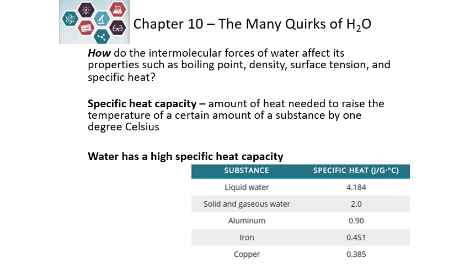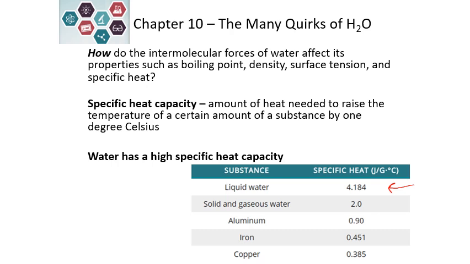Water is also unique in the fact that it has a very high specific heat. Specific heat is the amount of energy that you need to add to change a certain amount of the substance by 1 degree Celsius. And so water has a very high specific heat of about 4.184 joules per gram degree Celsius.